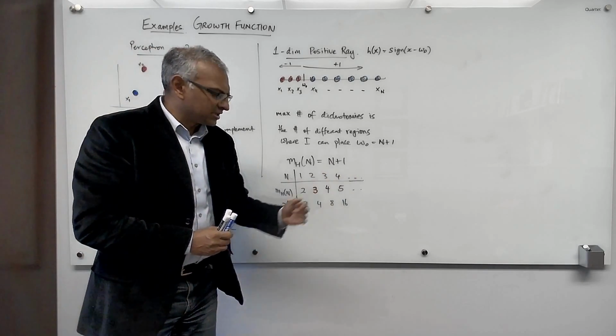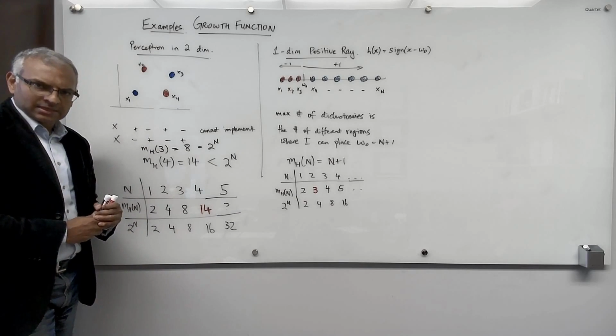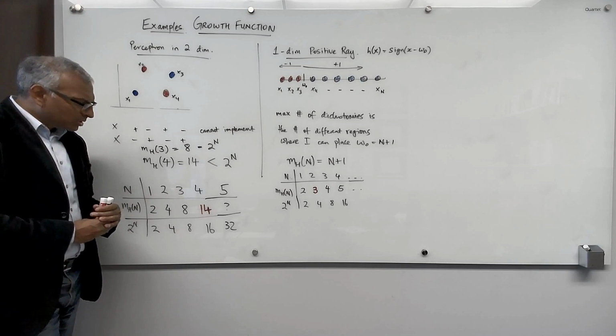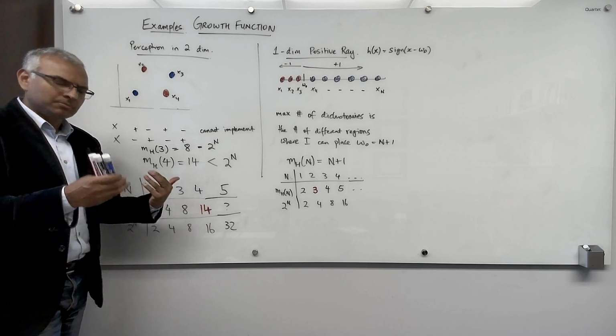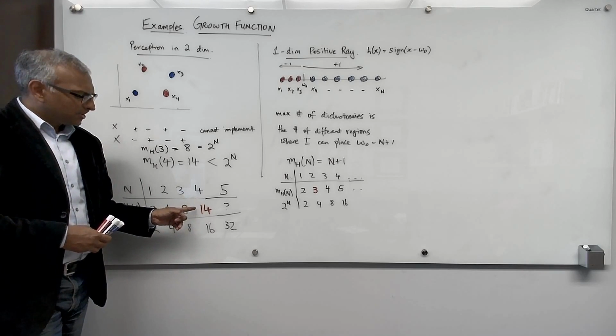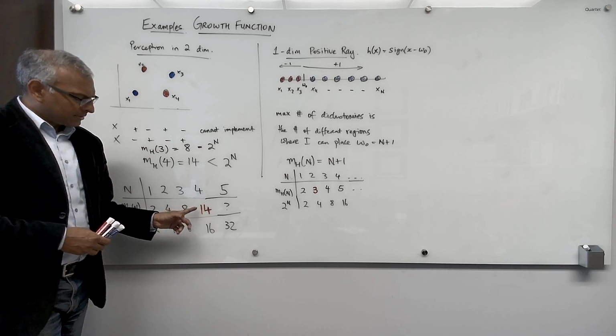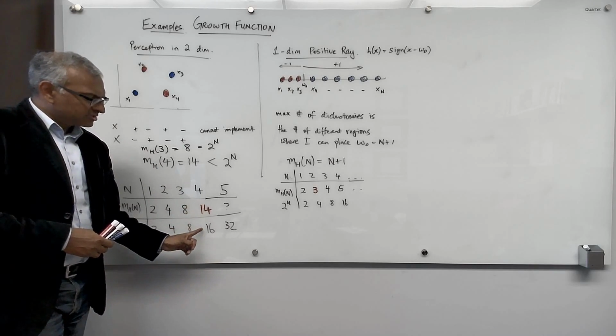Here we computed it exactly, and in some cases it's hard to compute exactly, but we can show this situation does occur in some cases. Here the exact value is 14, no problem, and we see that it's broken.